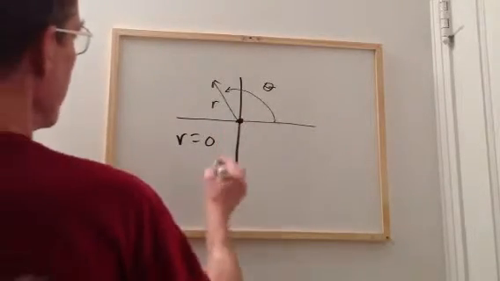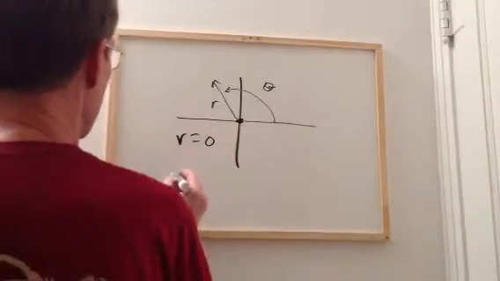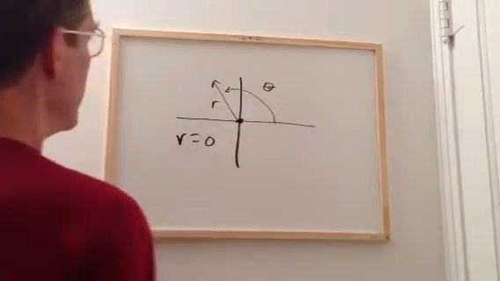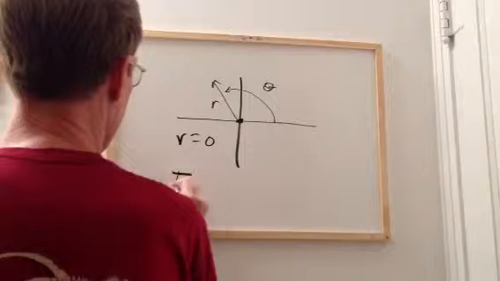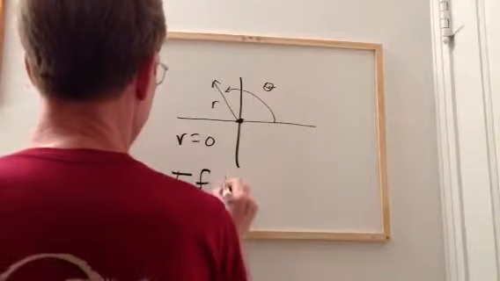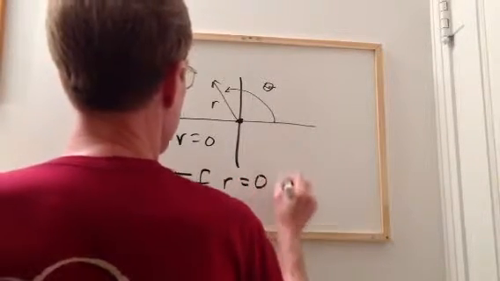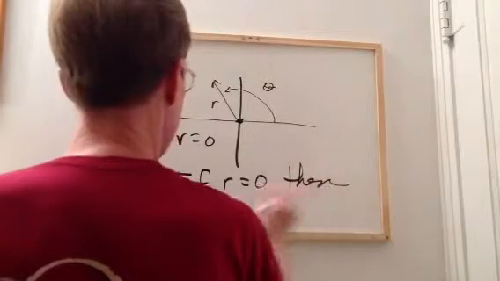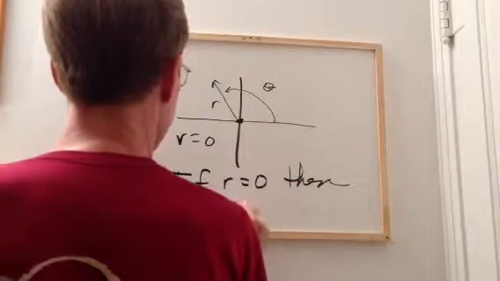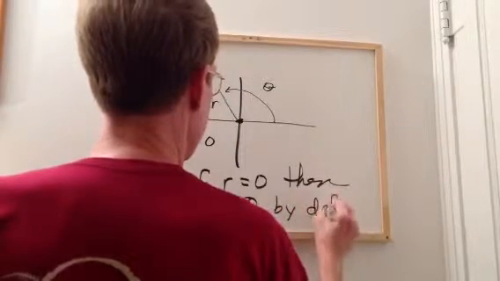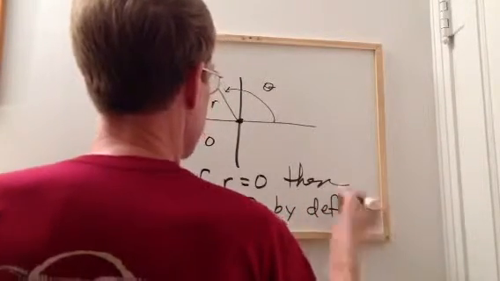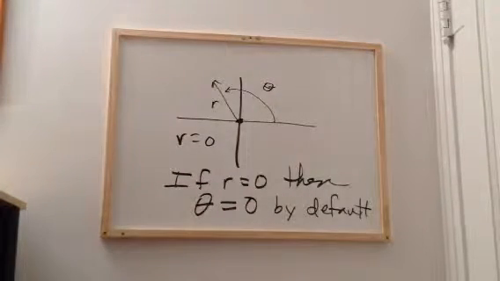In order to make the one-to-one correspondence work, we have to make a restriction. We say that if r equals 0, then theta equals 0 by default. Now we have a one-to-one correspondence.